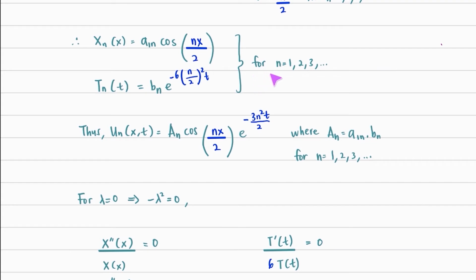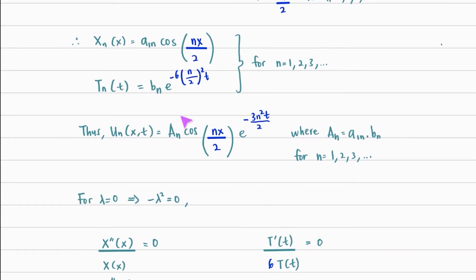Since this is repeated for every n, starting from n equal to 1, 2, 3 until infinity, it needs to be written like this, a1n, and also here bn. Thus, U_n(x,t) is equal to an cos(nx/2) exponent negative 3n²t/2. This one has been simplified because 6 times 1 over 4 would be 3 over 2, where an is equal to a1n times bn.